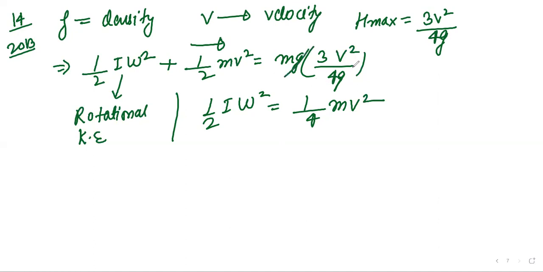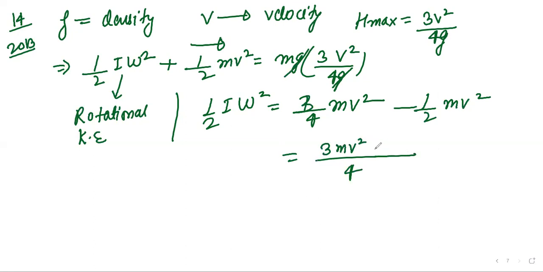So g and g will get cancelled, right? Write the remaining part then. It is 3 by 4 mv square remaining minus 1 upon 2 mv square. So LCM is 4. So it is 3 mv square minus 2 mv square. So it is coming out to be mv square upon 4 is equal to 1 upon 2 I omega square.